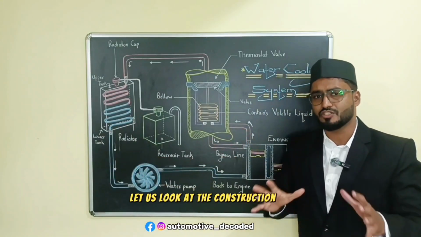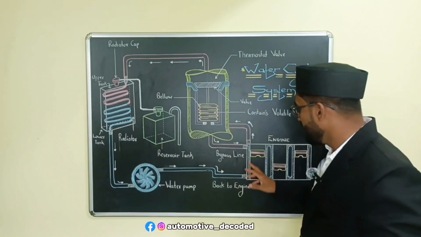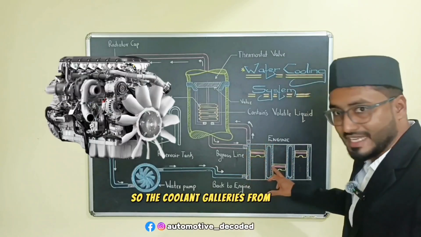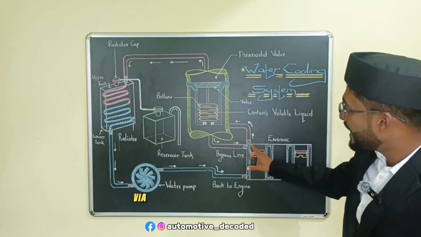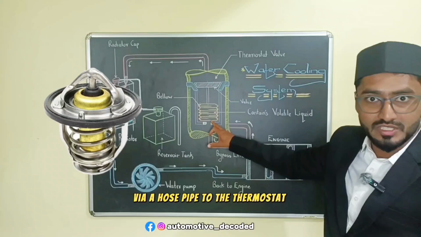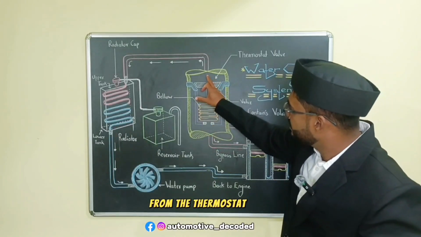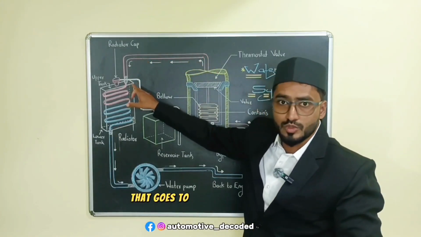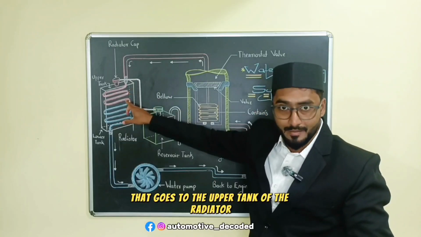Now let us look at the construction of this particular system. The coolant galleries from the engine are connected via a hose pipe to the thermostat valve. From the thermostat valve, you have a main line that goes to the upper tank of the radiator.